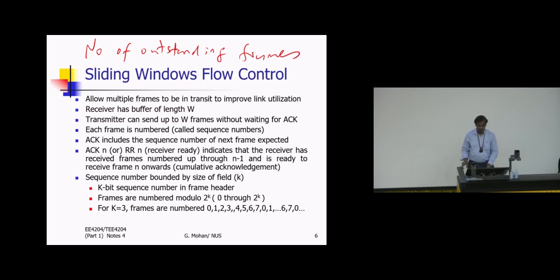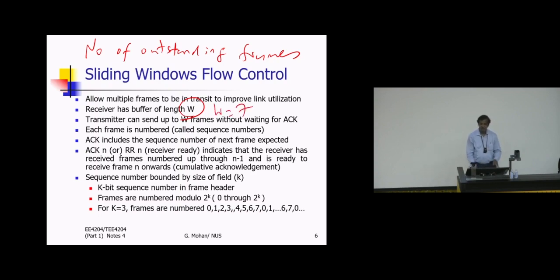But now, in sliding window, later you will understand why it is called sliding window, we allow up to W outstanding frames. That is, we permit the sender to send more than one frame without waiting for an acknowledgement. But that number should not be too high. Let's say W is 7, just an example.